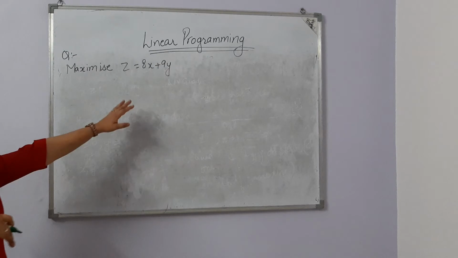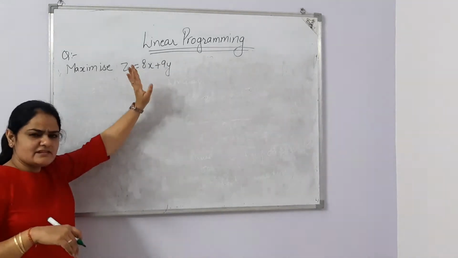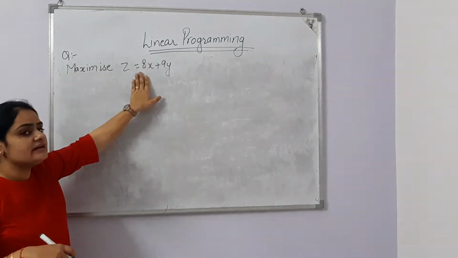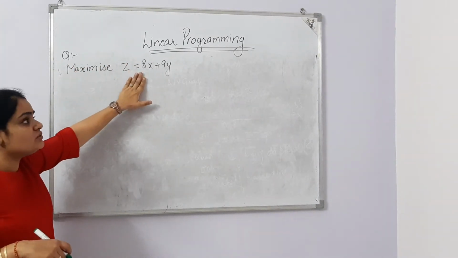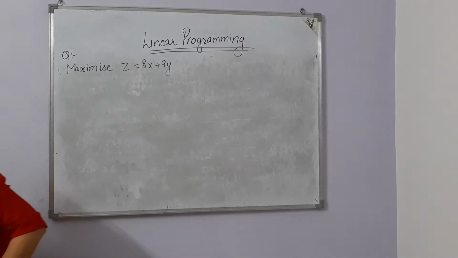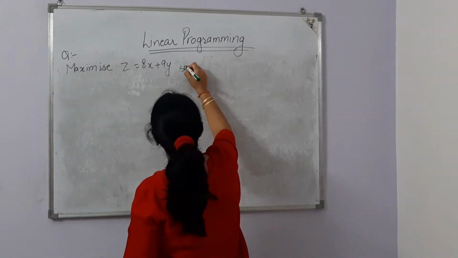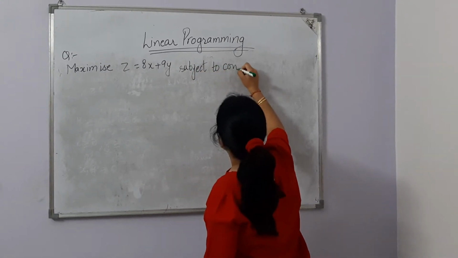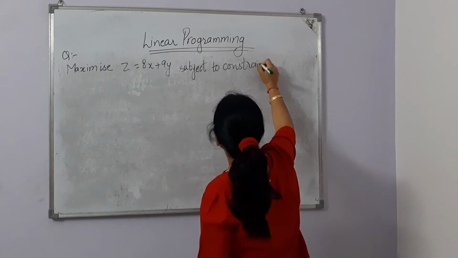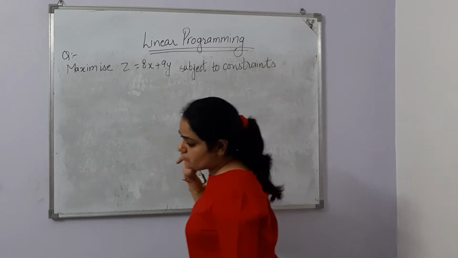Z, or the author can give us f. This is the function. Basically, the constraints will satisfy this function to give the optimal values, that means maximum or minimum values. So the conditions should satisfy this very function. This is the given function, subject to the constraints.